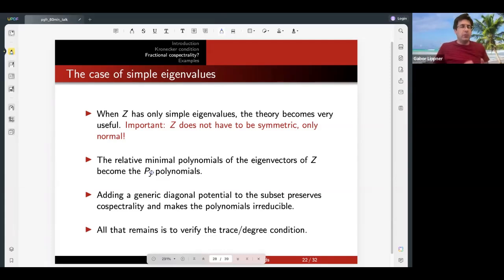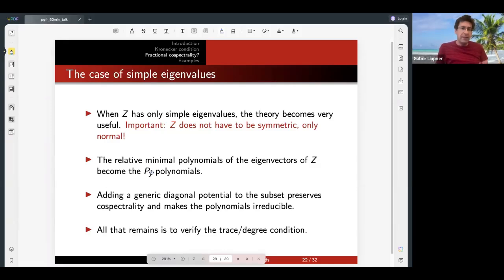Let me just summarize what's happening. So we want to construct examples with pretty good fractional revival. What's the blueprint? I get the graph, and I need to find a Z matrix for which my subset is Z cospectral. So that's the key step. And I need this Z matrix to have only simple eigenvalues.